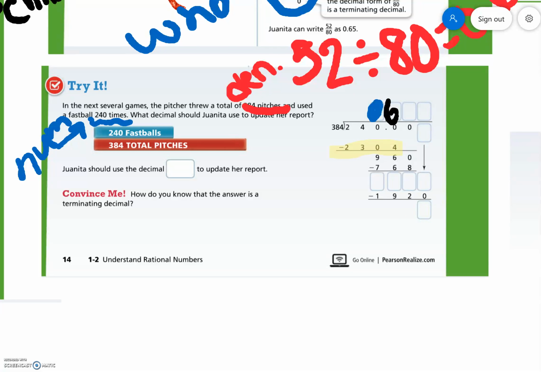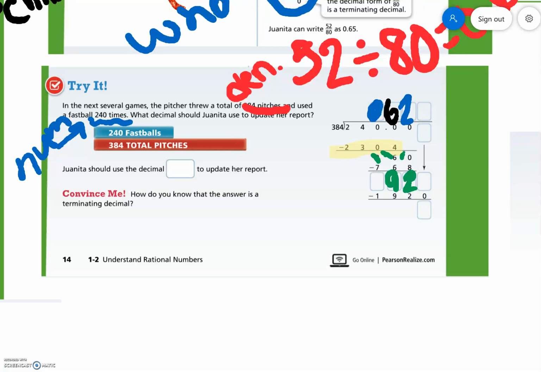960 divided by 384 is 2.5. So we will put a 2 here. 384 times 2 gives us 768. So we are going to subtract. We need to borrow, make this a 16, borrow, make this a 10. So that's going to be a 2. 15 minus 6 is 9.